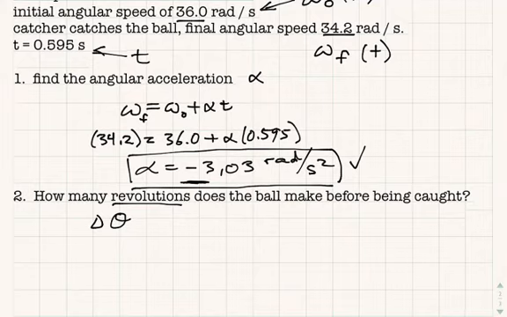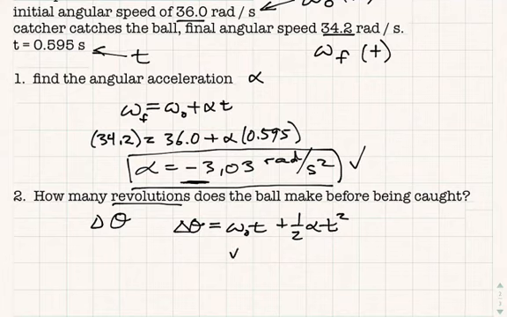So we can use the first kinematic equation, and delta theta is equal to omega 0 times t plus 1/2 alpha times t squared. We can plug in all those values, and if you do that, you should get an answer of 20.9, and since we are using all of the proper SI units, this is 20.9 radians.